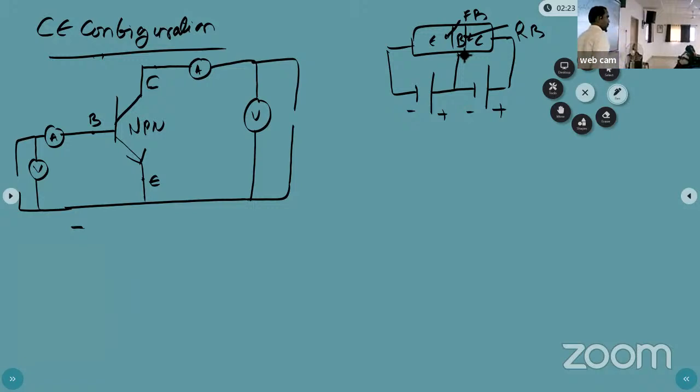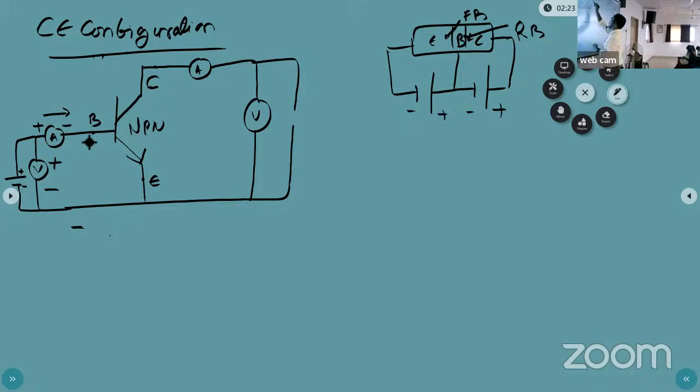Now negative. And here, what is the voltage direction? Voltmeter direction: positive, negative. And here, how is the current moving? Emitter to base to emitter. Now the direction is positive, negative.